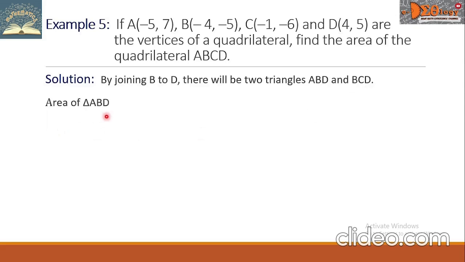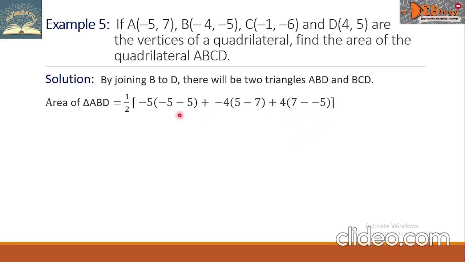Let us substitute the corresponding values to our formula, and it becomes like this. 1/2 times -5 times the quantity -5 minus 5, plus -4 times the quantity 5 minus 7, plus 4 times the quantity 7 minus -5.